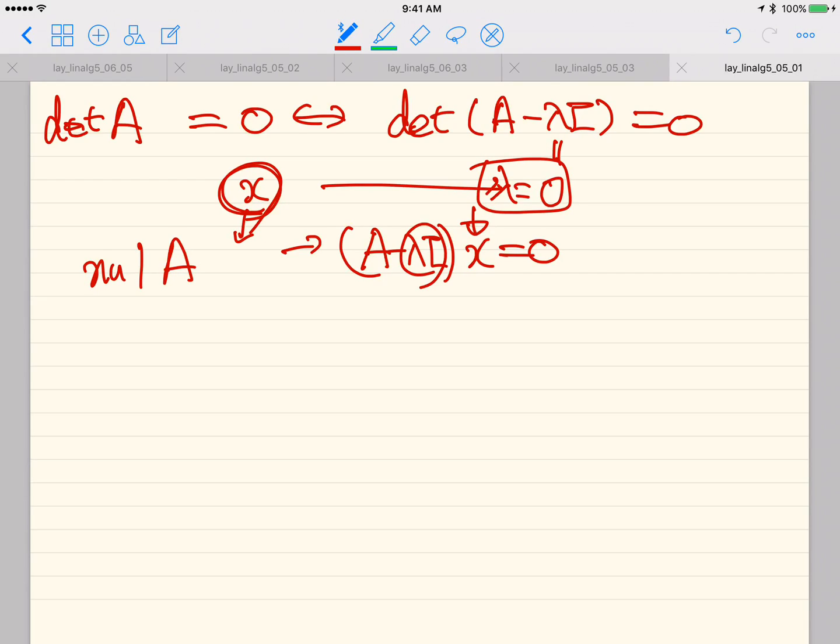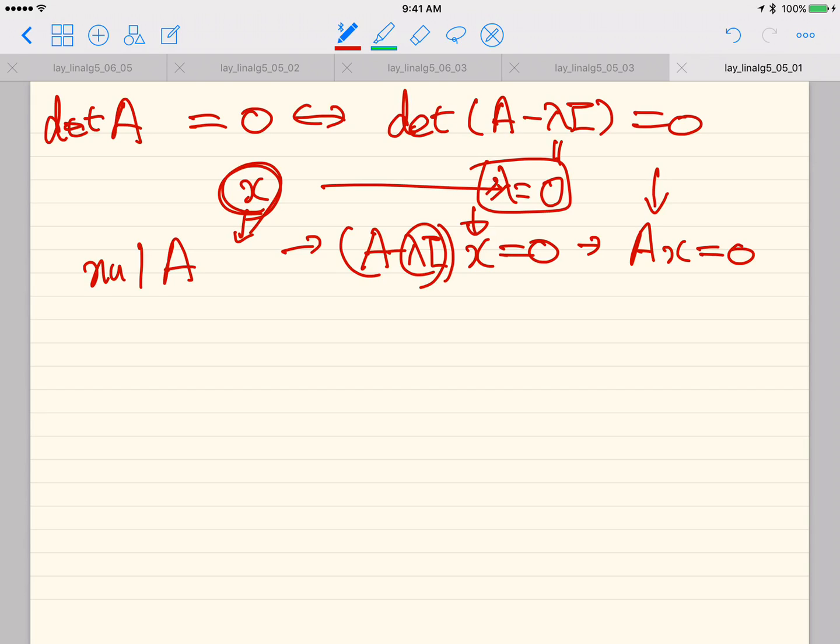But since this part is 0, A times x should be 0, right? So it is just the non-trivial solution for the original homogeneous linear system Ax equals 0. That non-trivial solution is your eigenvectors associated with the 0 eigenvalue.